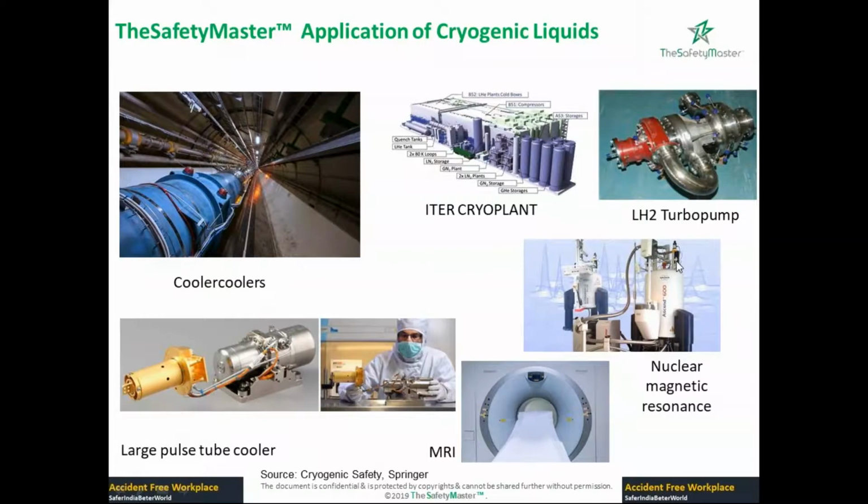Then you have nuclear magnetic resonance, which I have already discussed, where you have liquid helium superconductors. MRI again has liquid helium superconductors. These are the various applications of cryogenic liquids at very low temperatures. There are several others, but I've just taken a few photos to put here.